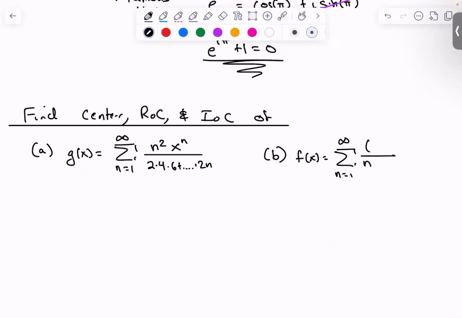Let's make sure it has a different center. x plus 2 to the n, like that. So it's x plus 2 to the n over n times 3 to the n, right? n equals 1 to infinity. So go ahead and start working through those. I'm going to pause the recording. I think you should all work through them and see what you get.